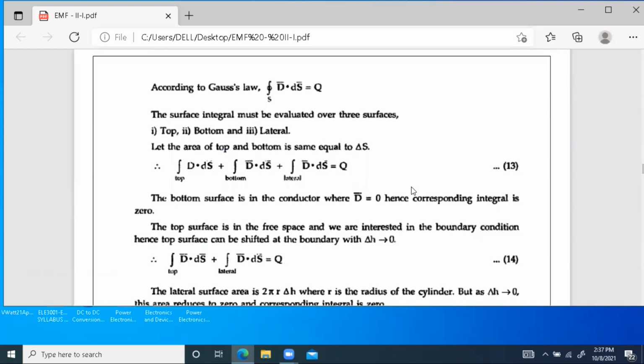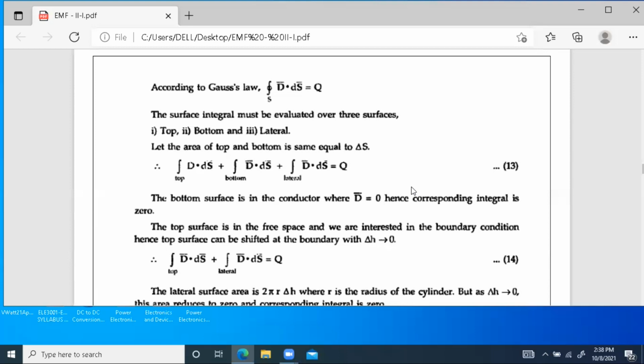All right. So back to that pillbox. We know that the integral over the closed surface of D dot dS is Q. Right? So for that pillbox, we have the top, we have the bottom, and we have the side going around, right?